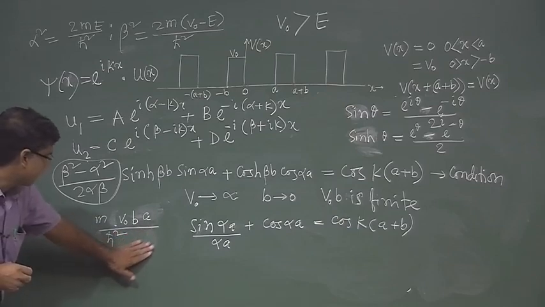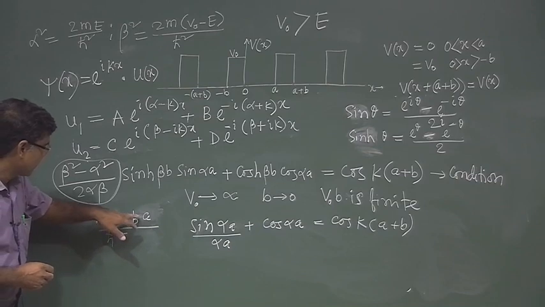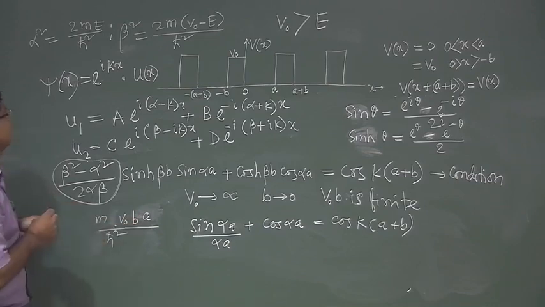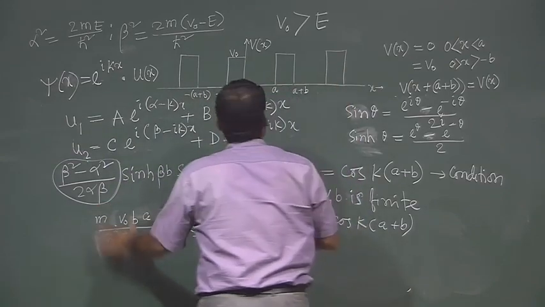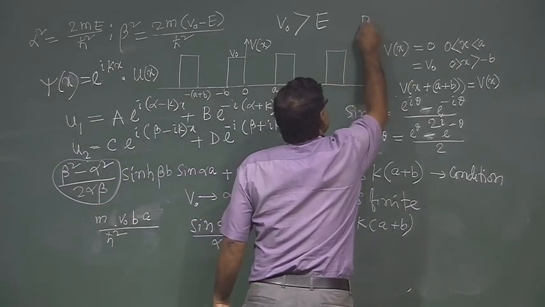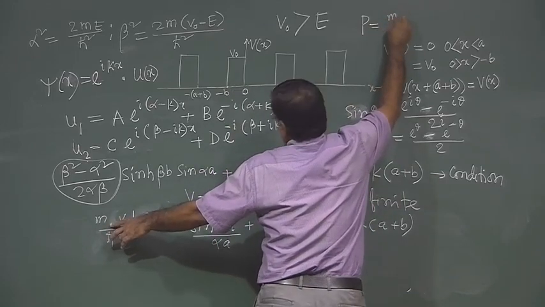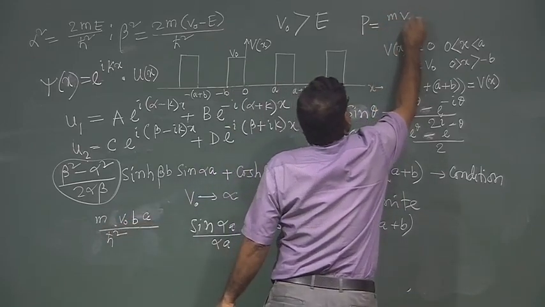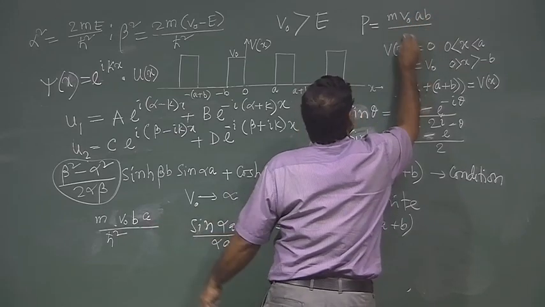Now, this m v0 a b by h cross square, I am writing as one parameter, say p, equal to m v0 a b by h cross square.